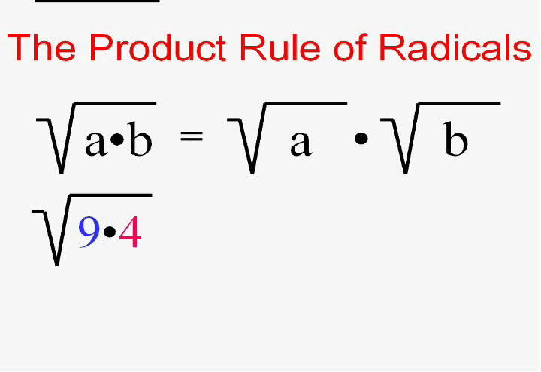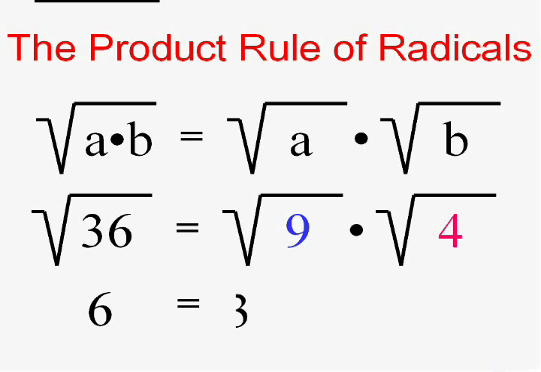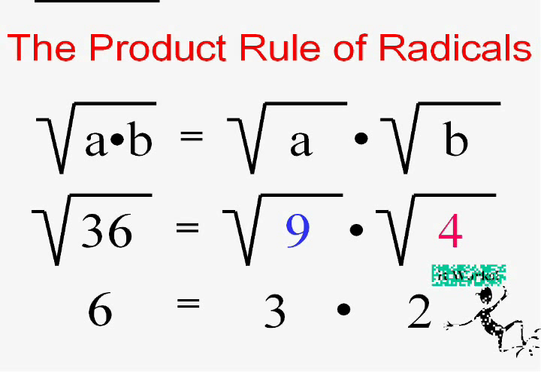We know what the square root of 36 is, but we also know that 36 is 9 times 4. So we could break it up into the square root of 9 times the square root of 4. Now the square root of 36 you knew is 6, but it's also the square root of 9, 3, times the square root of 4, 2. It does work all the time.